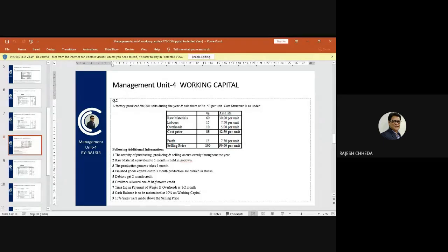So this is something new which we have learned. Whenever such an adjustment is given, there will be two calculations in the debtors' calculation: 90% normal and 10% at the increased price of 55 rupees.